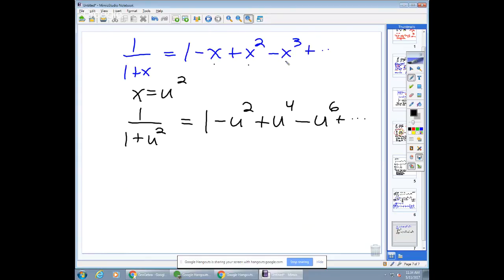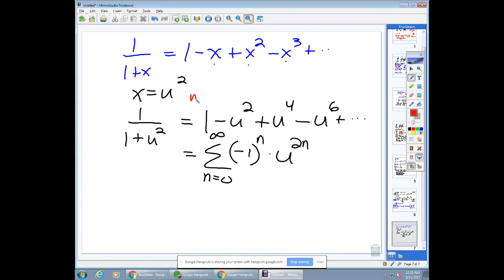Could we write a summation notation for that? Let's try. The sum as n goes from 0 to infinity. Well, we have our -1 to the n. That should still be okay. How do I make n even? Yeah, 2n. So let's just double check if this works.